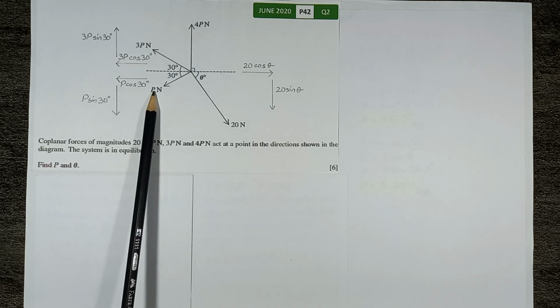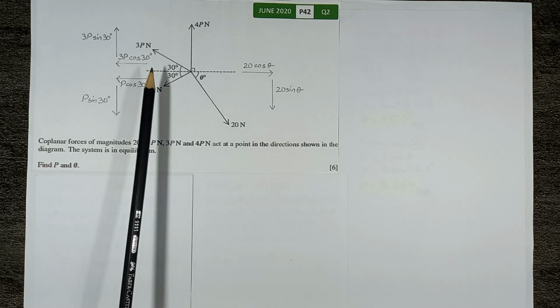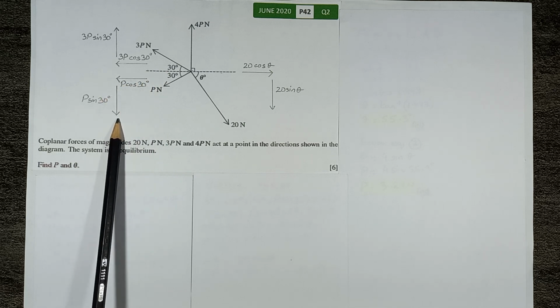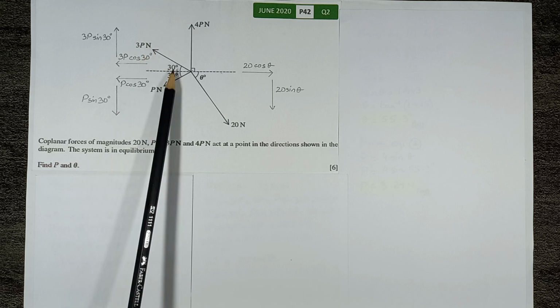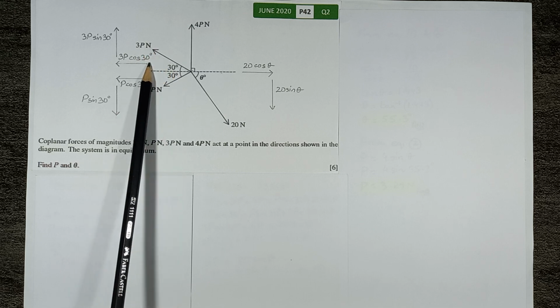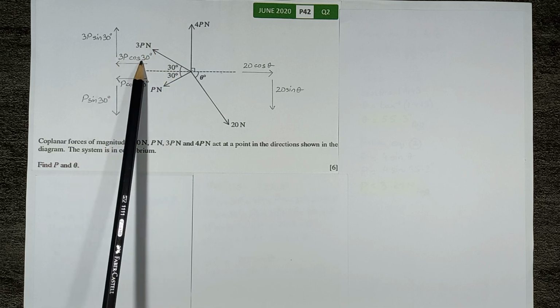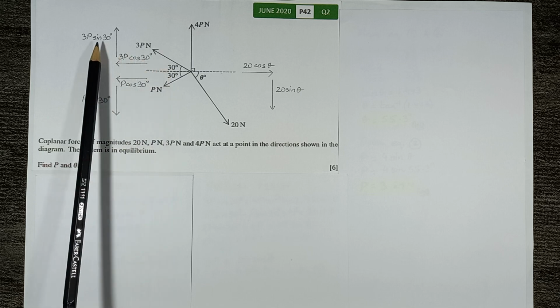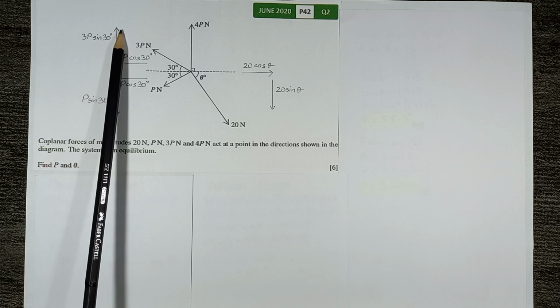For this particular P Newton with a 30-degree angle, the horizontal would be P cos 30 and the vertical would be P sine 30. For this 3P with an angle of 30 degrees, the horizontal force would be 3P cos 30 degrees, and 3P sine 30 degrees the vertical.